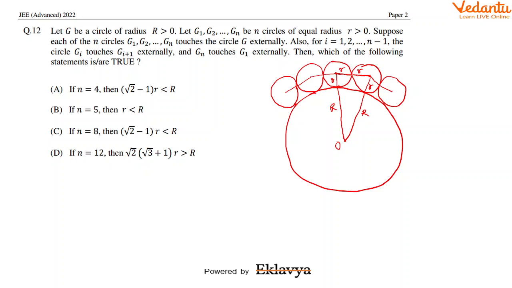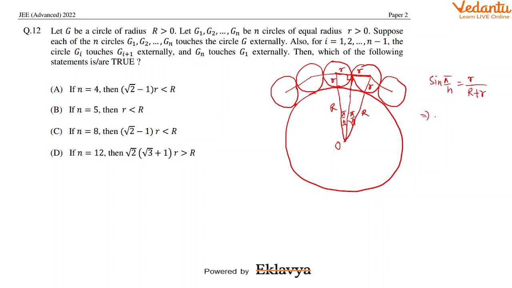So each side will subtend angle 2 pi by n. Taking the midpoint here, as this is an isosceles triangle, if we join the midpoint with the center, each angle is pi by n. It is a symmetrical situation, and this is 90 degrees. So we can write sine of pi by n equals the side r upon the hypotenuse, that is R plus r.